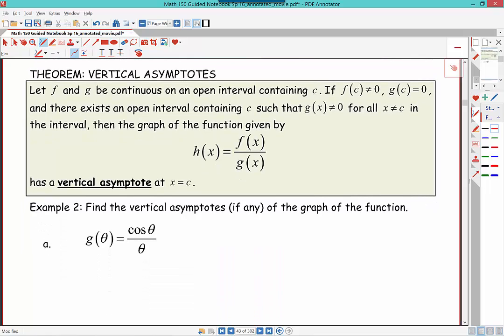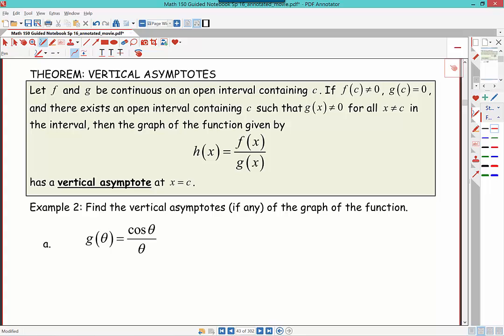So this theorem basically specifies that f and g are continuous on this open interval containing c, if your function doesn't zero out at x equals c, and if g at c is 0. So what this means is you do not get an indeterminate result. You get some sort of value constant over 0.